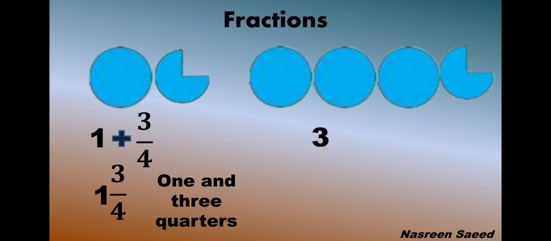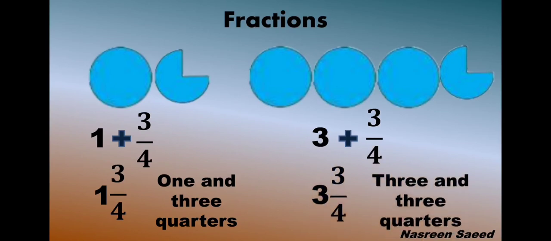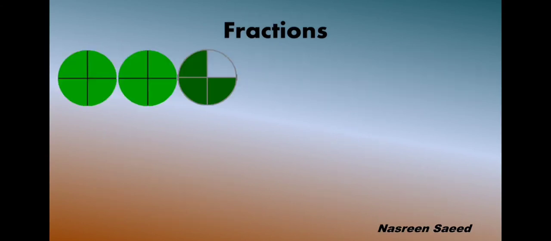Same way, if we have 3 wholes plus 3 quarters, it is written as 3 3 upon 4, and read as 3 and 3 quarters. Let's take one more example. Now we have 2 wholes plus 3 quarters.